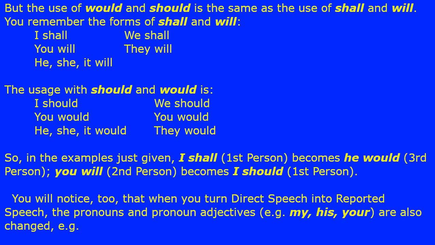They will. He, she, it will. The usage with should and would is: I should. We should. You would. You would. He, she, it would. They would. So, in the examples just given, I shall, first person, becomes he would, third person; you will, second person, becomes I should, first person.